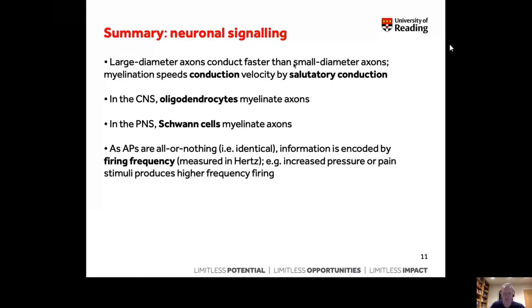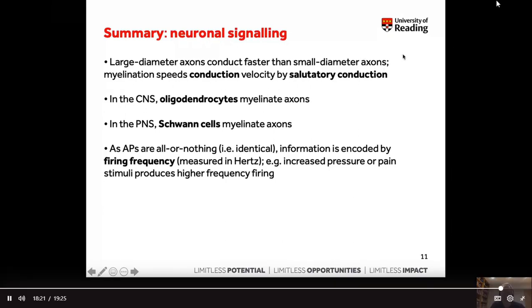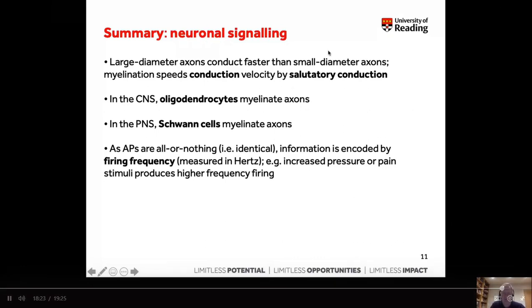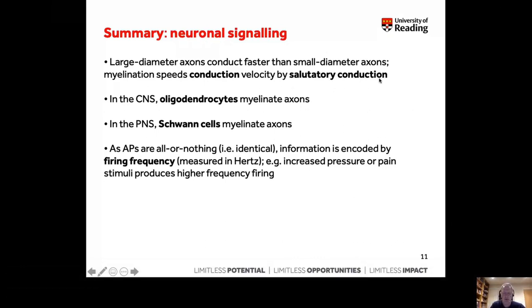And in some textbooks, you'll see communication between nerves described as saltatory conduction, basically because the action potential can jump from one node of Ranvier to the other. So if you're wondering what saltatory conduction is, it just means the action potential can jump from one node of Ranvier to the other. And again, that's because of myelination and the fact that these nodes of Ranvier express high concentrations of sodium channels.